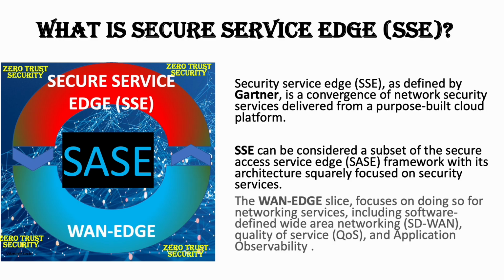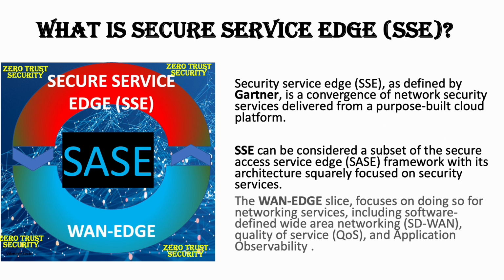Let's look at what is Security Service Edge, SSE. In the realm of zero trust security strategy, Gartner defined a common platform called SASE, Secure Access Service Edge. As part of SASE, there are two components.